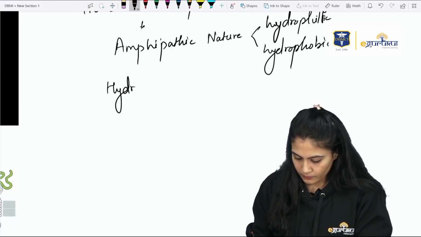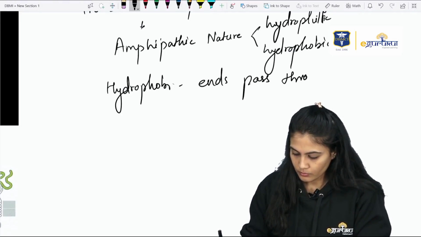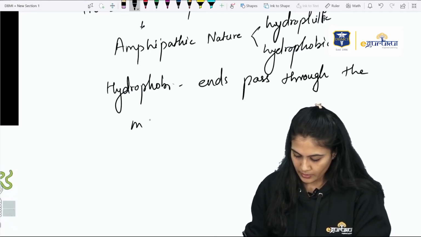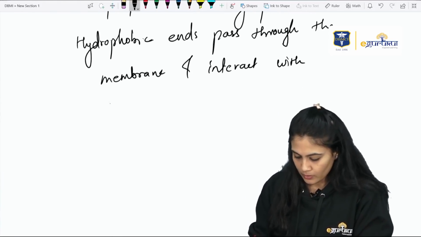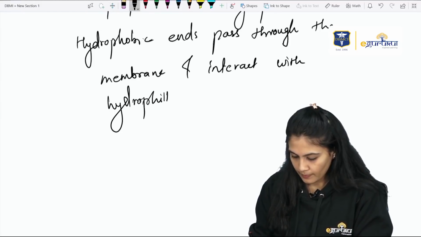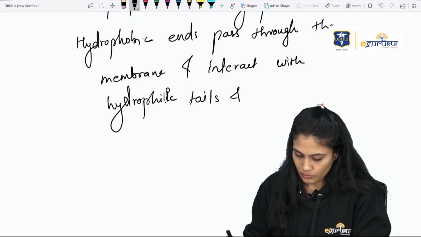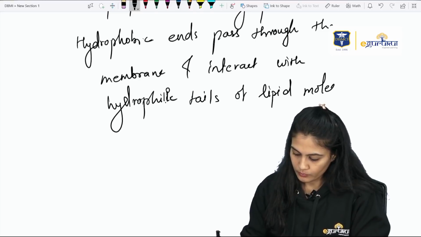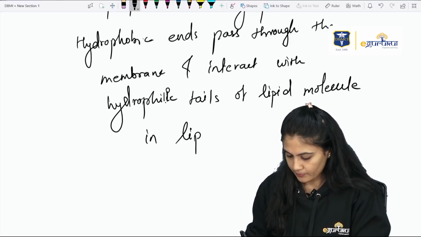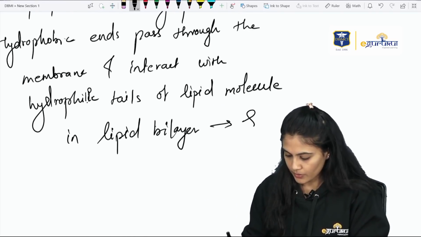The hydrophobic ends pass through the membrane and interact with the hydrophobic tails of the lipid molecules in the lipid bilayer, right?